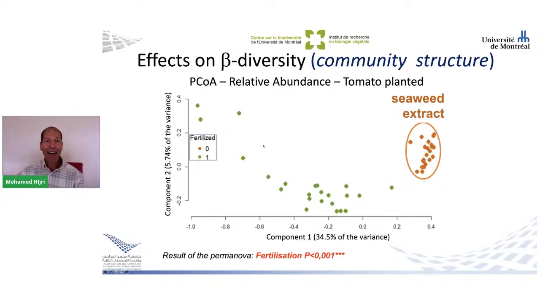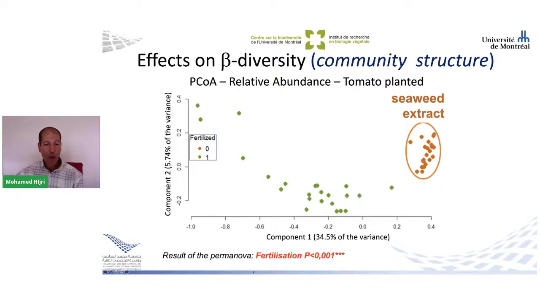So using PCoA analysis, to see the community structure or the beta diversity that uses the abundance, or relative abundance, of each ASV, we have a clear difference between all the samples that were treated compared to those that were not treated.